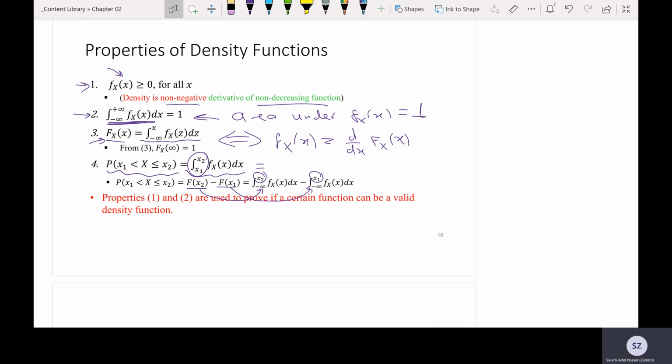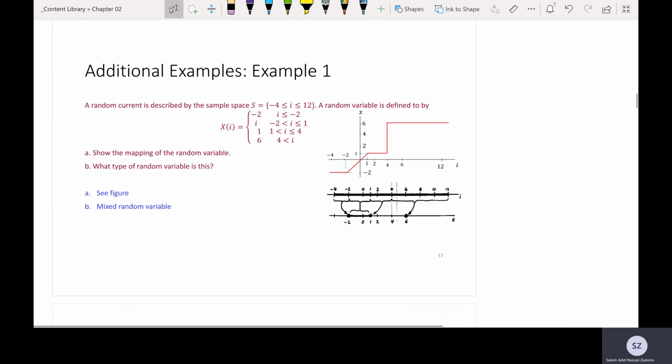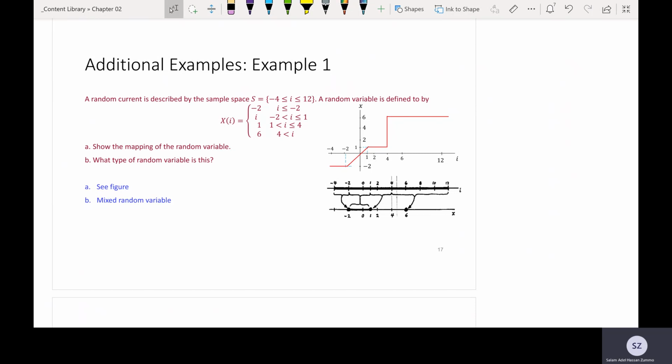And if we are interested in finding the probability that x lies between two numbers, then we just integrate the PDF between these two numbers. To verify a PDF, it has to be positive and integrate to 1. Now today we'll continue with more examples, and then we'll start with the Gaussian distribution.